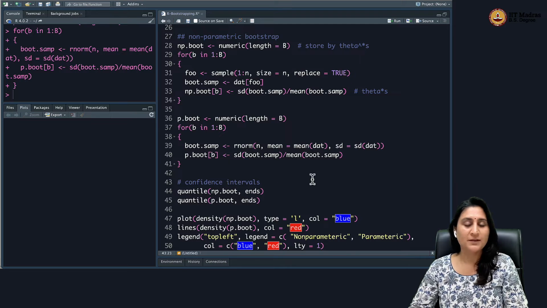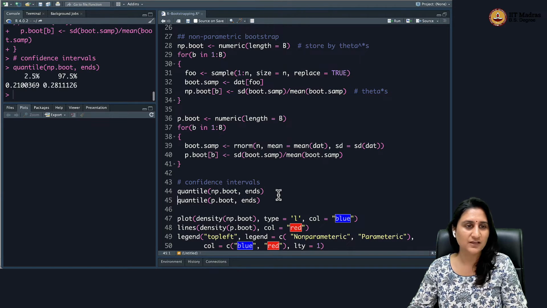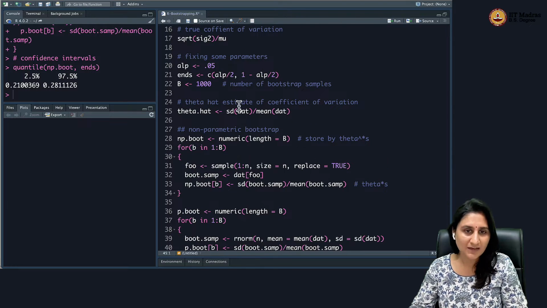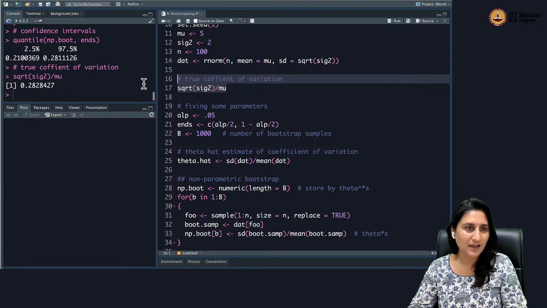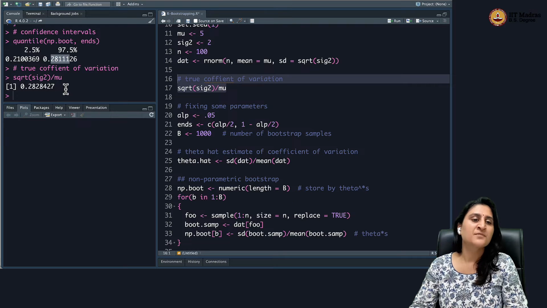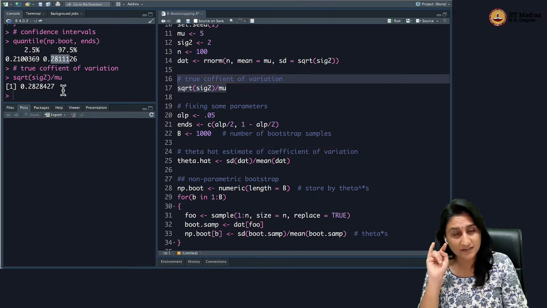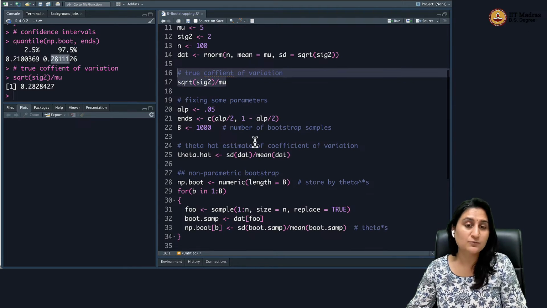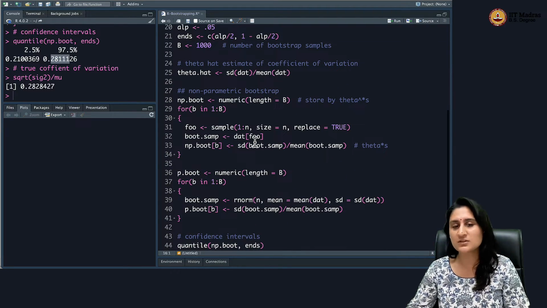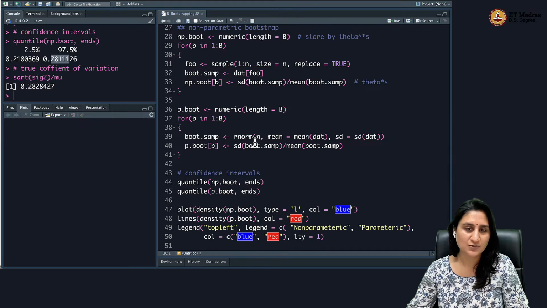So my confidence interval for the non-parametric bootstrap for my actual parameter theta, which is the true coefficient of variation, is 0.21 to 0.2811. My actual value is over here, and it looks like my non-parametric bootstrap in this instance gives us a random interval that does not contain my true parameter, which is possible because only a few percent of the time will it do so.